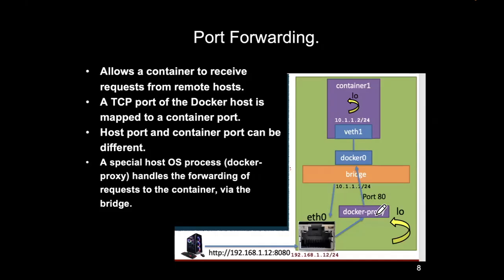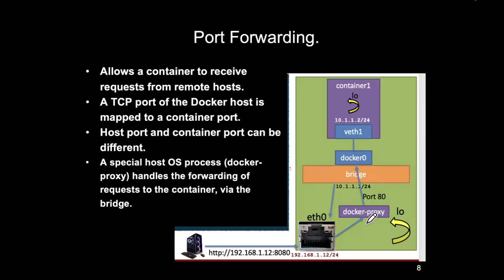Docker proxy's role is to receive requests that are targeting a particular port of the host and forward them on to our bridge. It also does a kind of translation, because it needs to work out what port the ultimate destination container is listening on, which may be different from the port associated with the host.